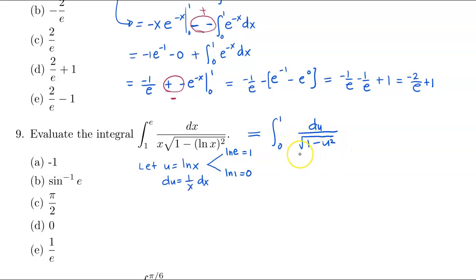And the integral for this is just sine inverse of u. Evaluate this from 0 to 1. You have sine inverse of 1 minus sine inverse of 0. Sine inverse of 1 is pi over 2. Sine inverse of 0 is 0. So that gives us pi over 2. Letter C.